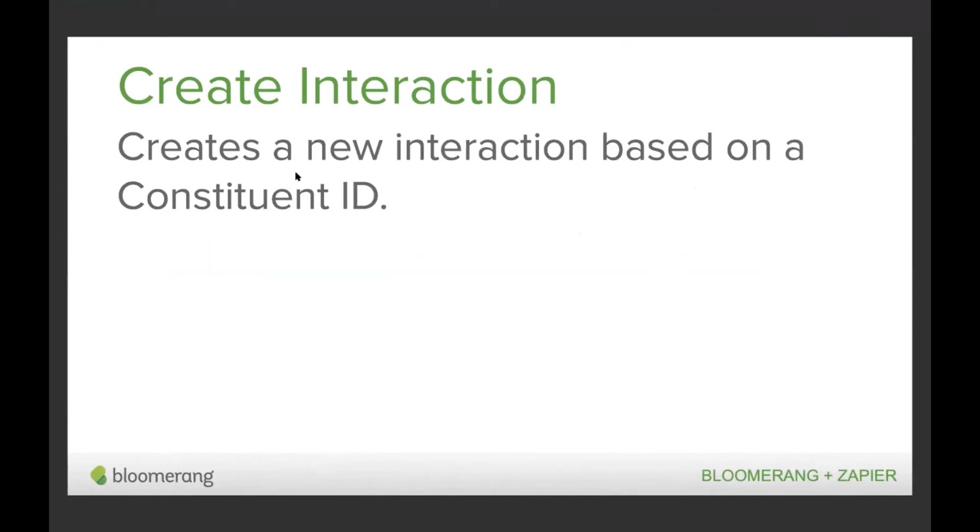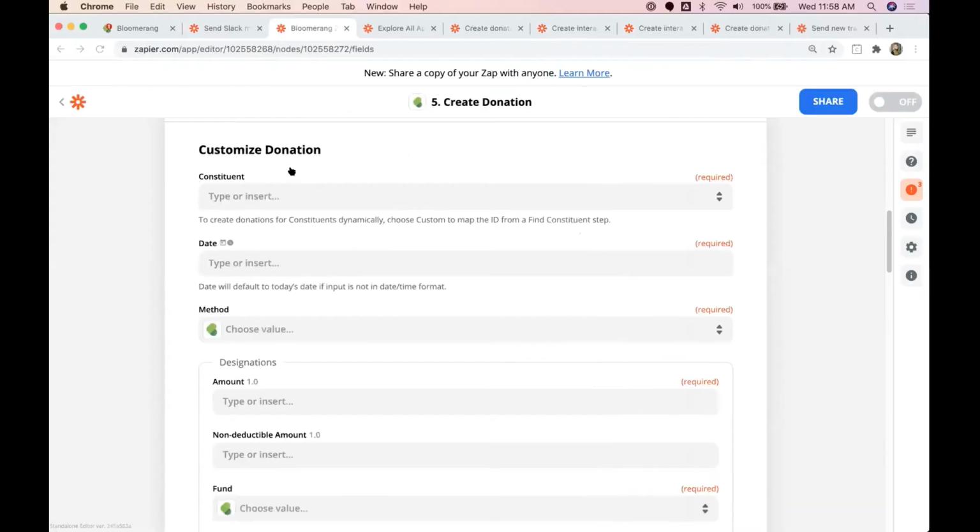So the create interaction action creates a new interaction record for a specific constituent. And the goal here is to create a non-financial activity on a constituent's timeline. And the configuration is very similar to creating a donation.